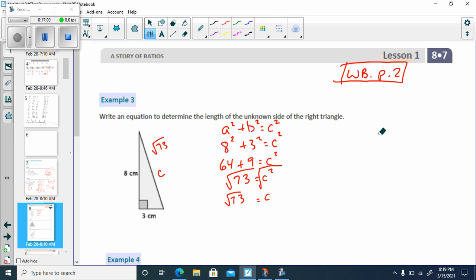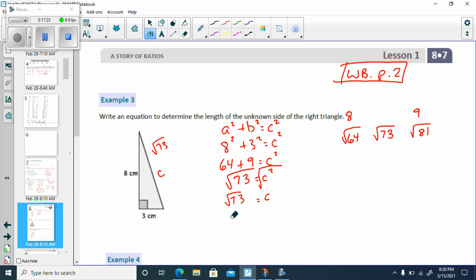Okay, so let's look at this. If I've got the square root of 73, let's think what perfect squares we've got that would be above this and below this. Well, 64 is a perfect square, and that's 8. 9 would be 81, wouldn't it? Yeah, 73 fits between 64 and 81.